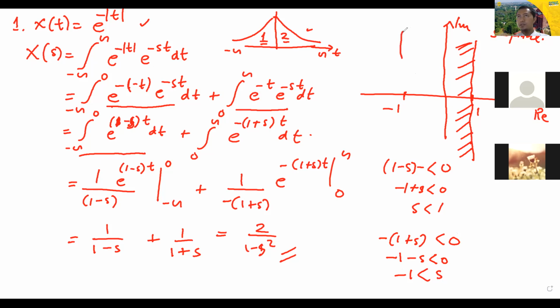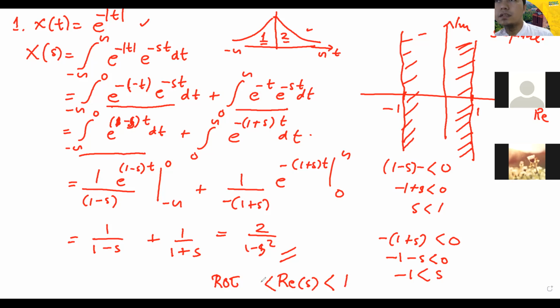So we draw here something like that. So we can define the ROC. The ROC is the real component of s being less than 1 and greater than minus 1, something like that.